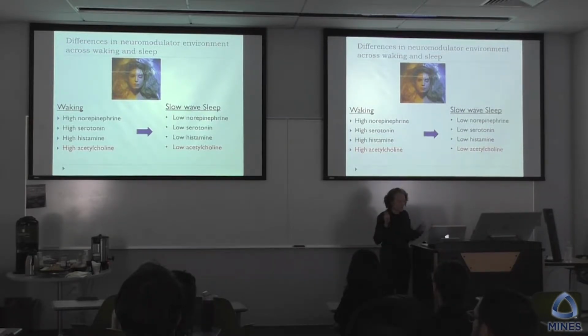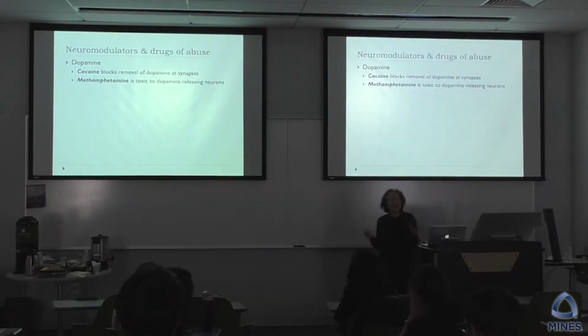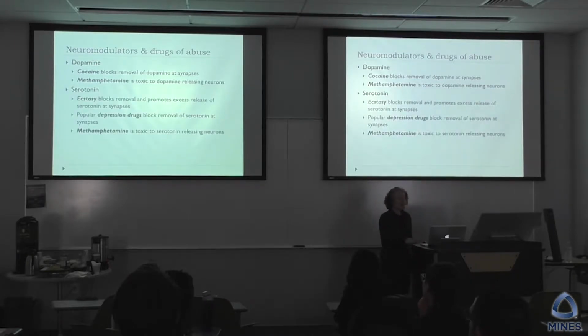And just as another piece of evidence about how powerful these neuromodulators can be, basically all the drugs of abuse disrupt or modulate the levels of these neuromodulators. So for example, dopamine is modulated by cocaine and methamphetamines.